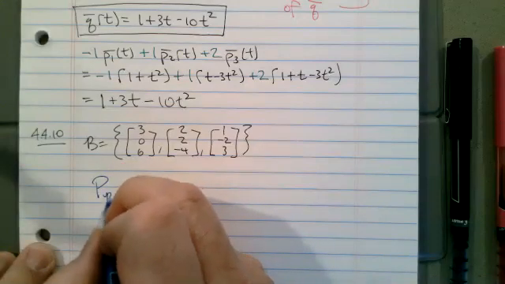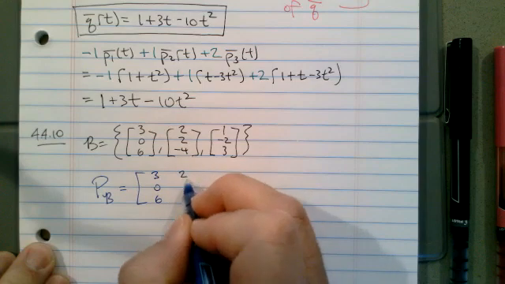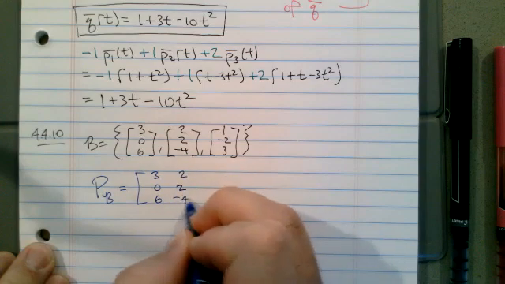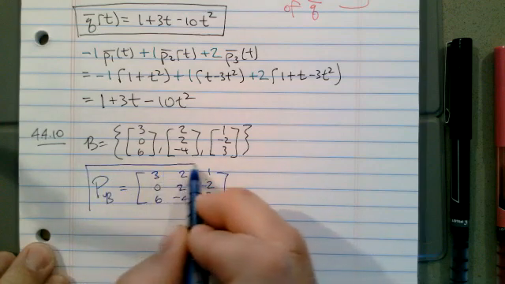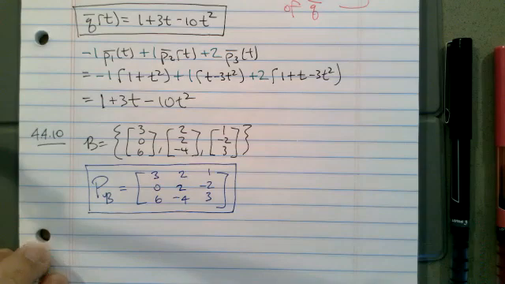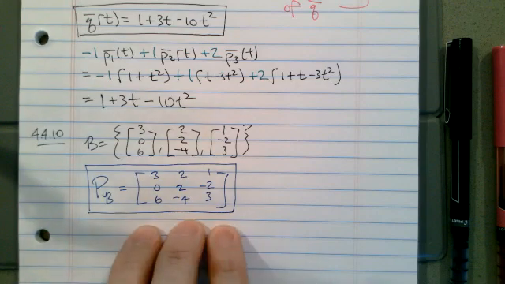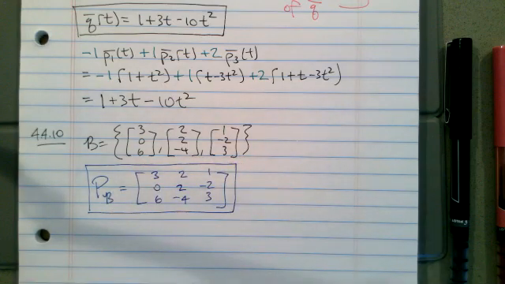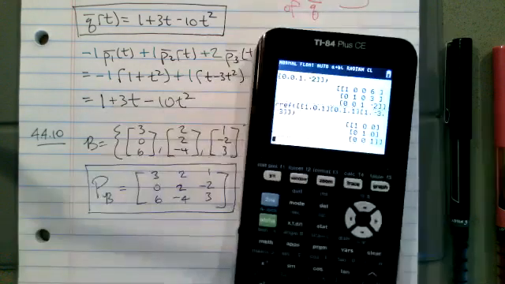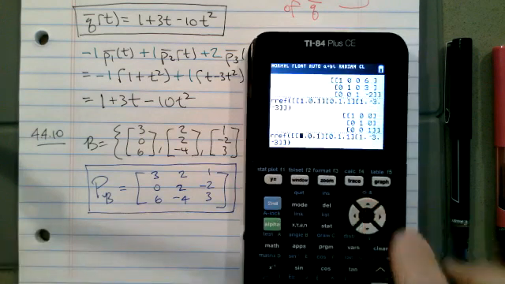So PB will just be 3, 0, 6, 2, 2, -4, 1, -2, 3 as columns. The change of coordinates matrix from B coordinates to standard coordinates has columns that are the standard coordinates of the B vectors. We should check that this is in fact a basis by seeing if it is an invertible matrix, by seeing if it is row equivalent to the identity matrix.